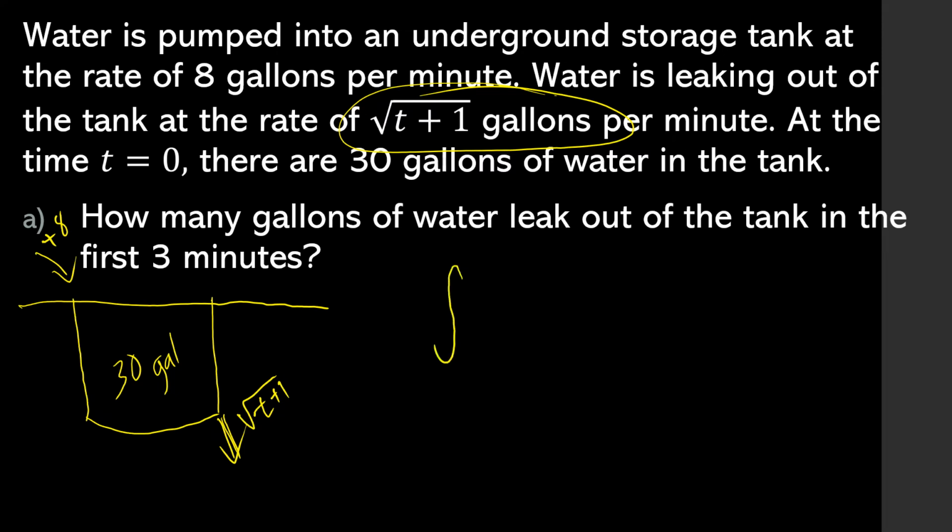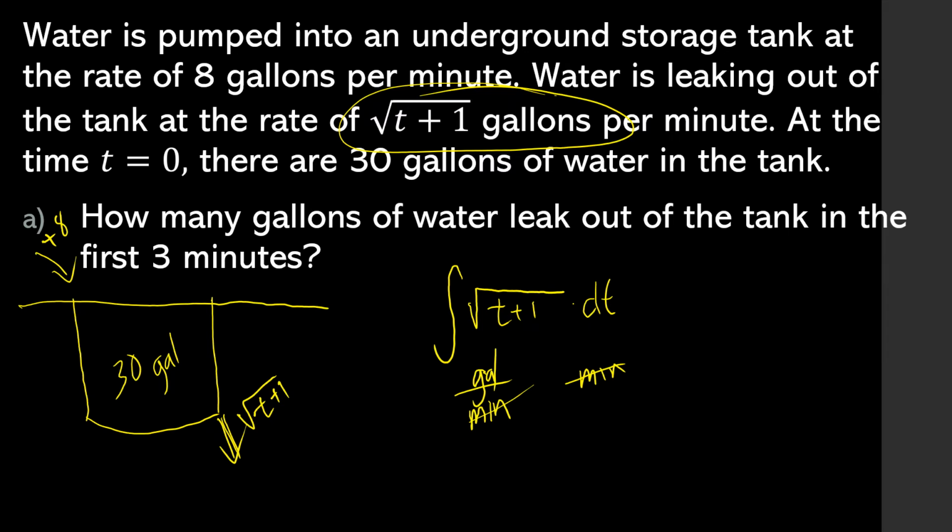Well, that's measured in gallons per minute. I want gallons of water, so this is gallons per minute multiplied by dt. dt is a tiny change in time, so that's a change in minutes.